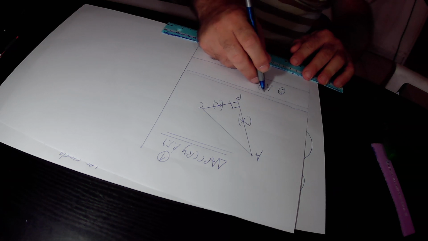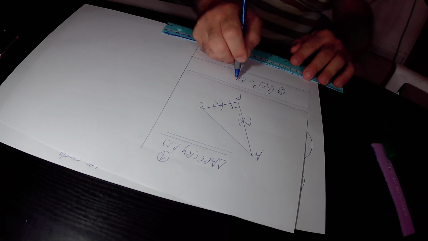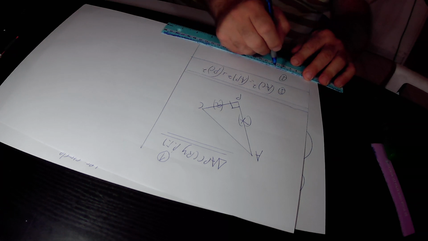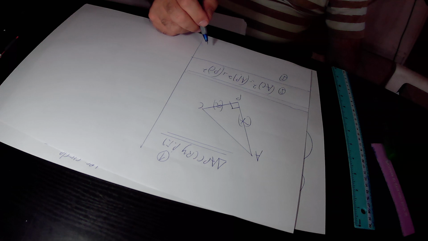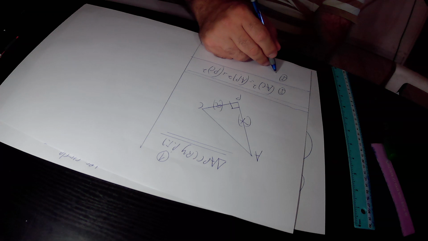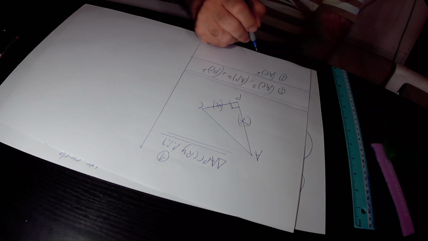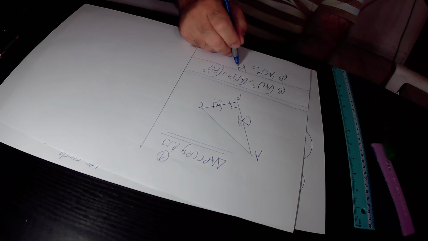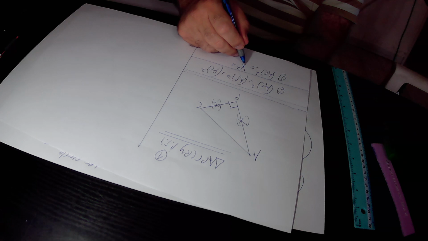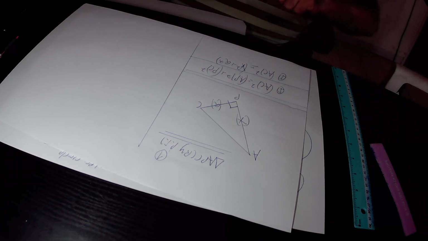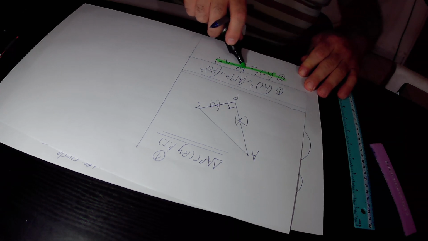AC squared, the square of the hypotenuse, equals AP squared plus PC squared. AP is x, therefore AP squared is x squared. PC is a, therefore PC squared is a squared. So in total, according to equation 1, AC squared equals x squared plus a squared.